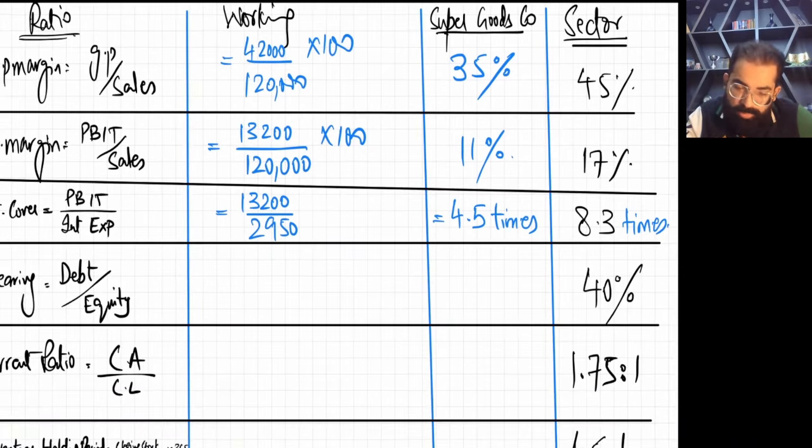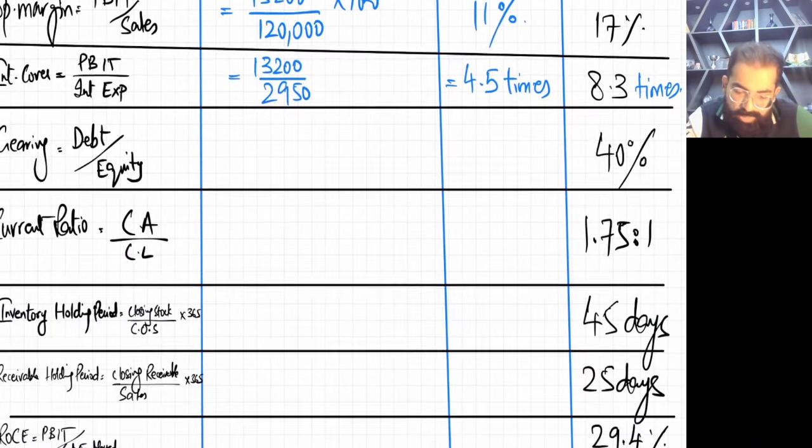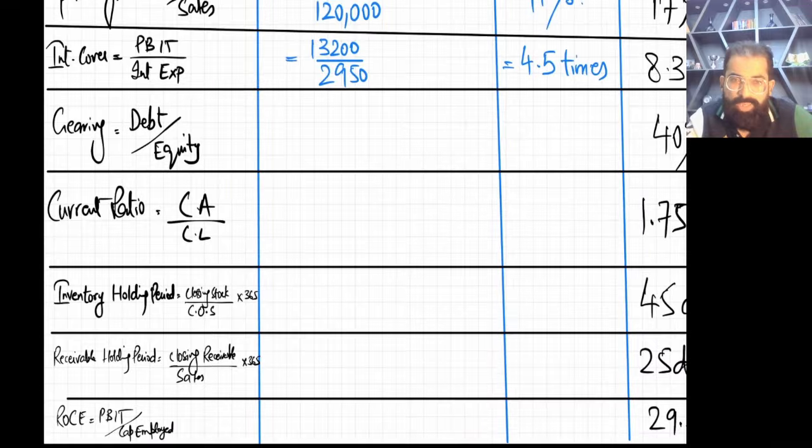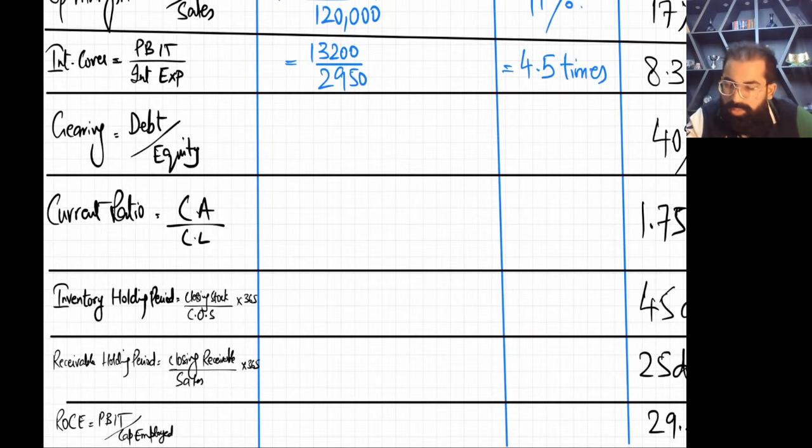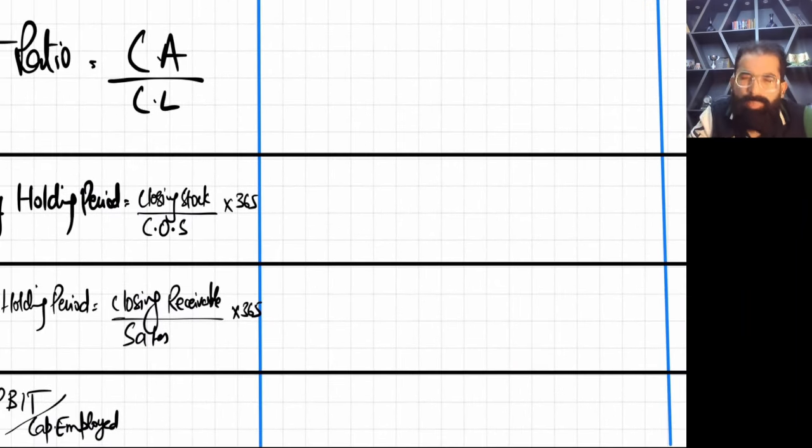One more ratio, if you need to calculate, you may, and that is ROCE. I have written it in the end. ROCE is PBIT upon capital employed, sorry. PBIT is 13,200, divided by capital employed.